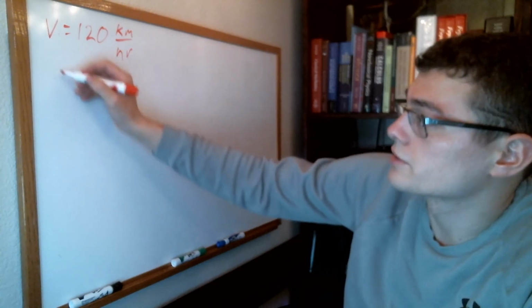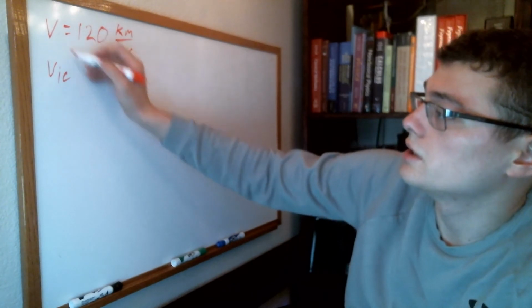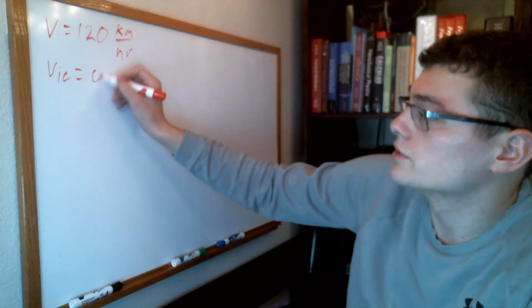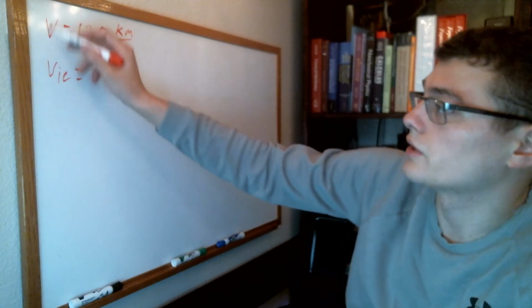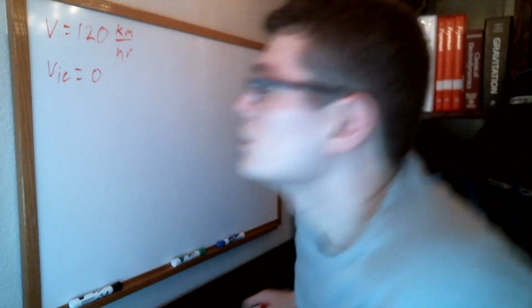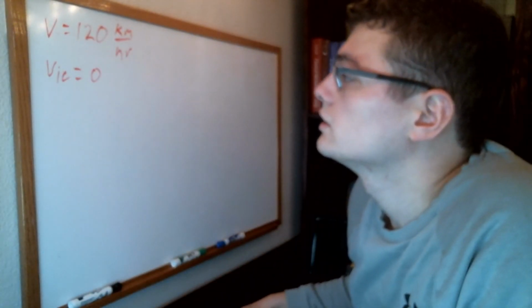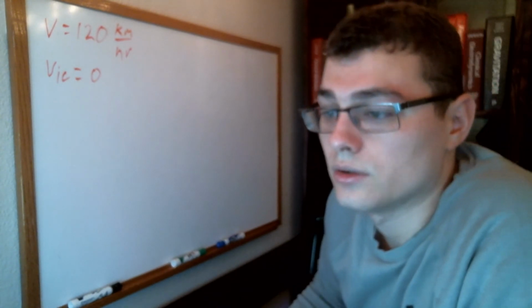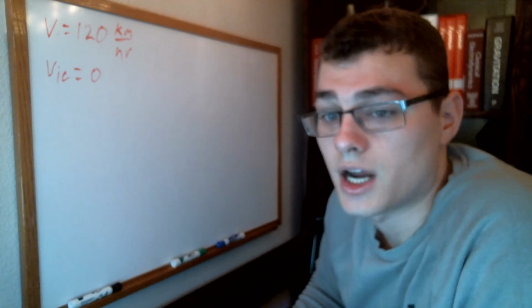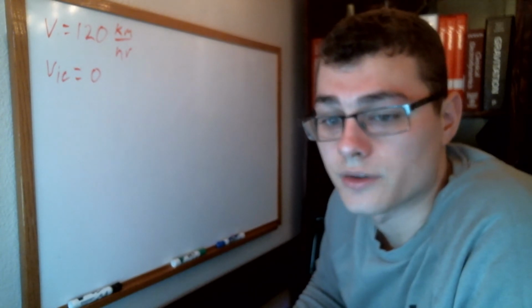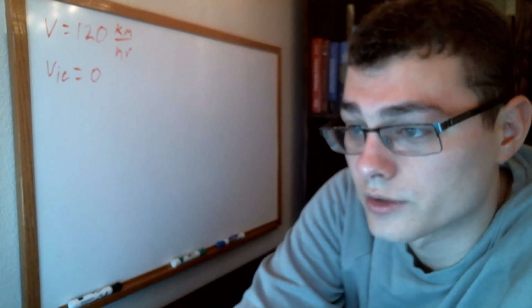And the cop starts from rest, so Vi of the cop is going to be equal to 0, and this velocity that the car has is going to be completely constant here. So we have to find the distance and the time that it takes for our police officer to catch his speed trap victim.